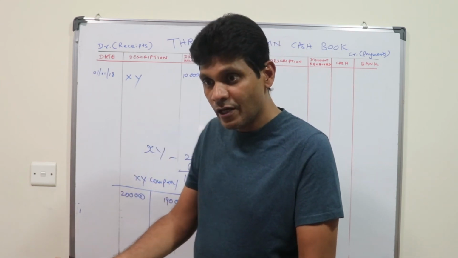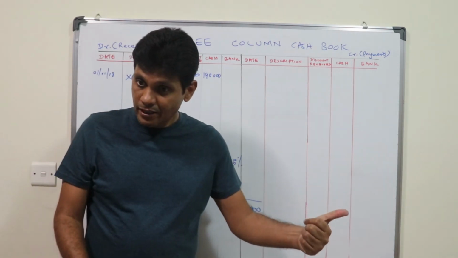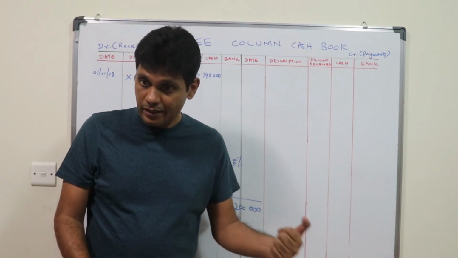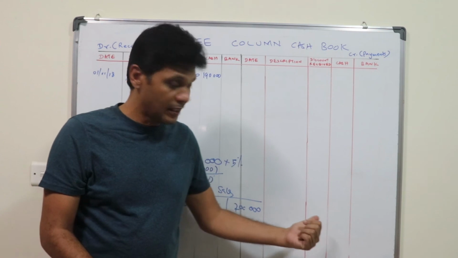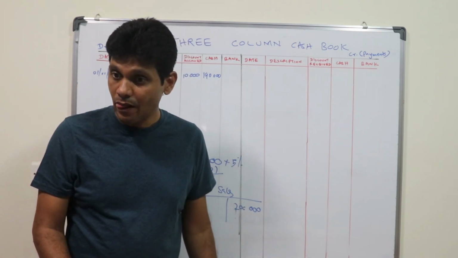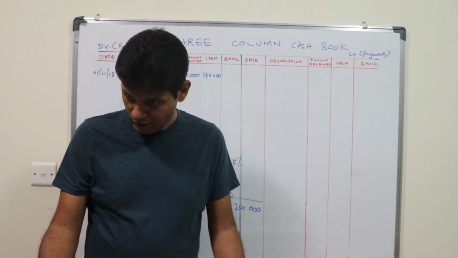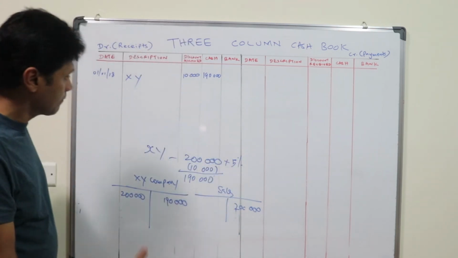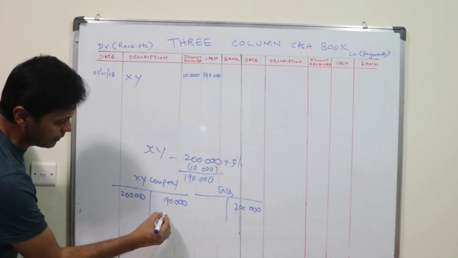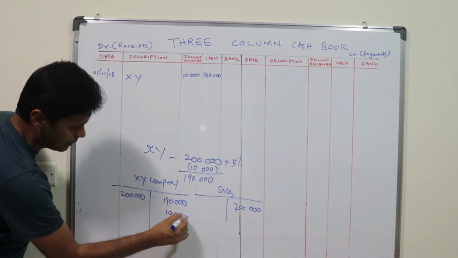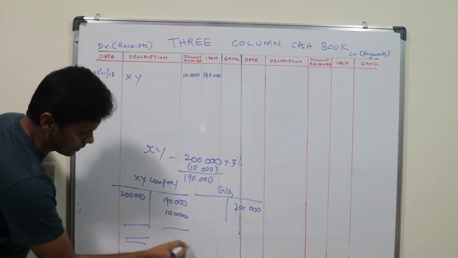Whereas if a supplier offers you a discount, then it's a benefit to you. That's why I credited the discount received account as an income. Then this 10,000 will be on the credit side when you balance off this account.